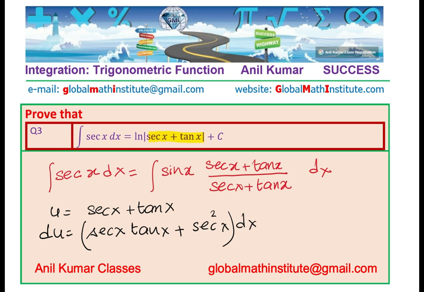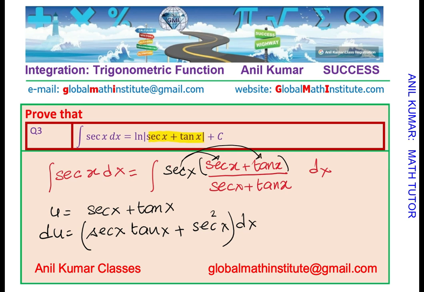Makes sense. Once we know this derivative, we can now see that the numerator, well, this was secant x, not sine, let me write this secant x, so the numerator was secant x times secant x plus tan x dx. You see that? So secant x multiplied by secant x will give us secant square x, and then we have secant x tan x. Clear, right?